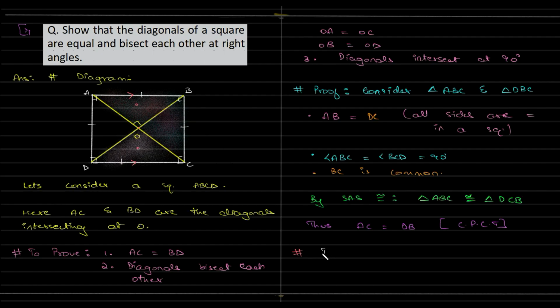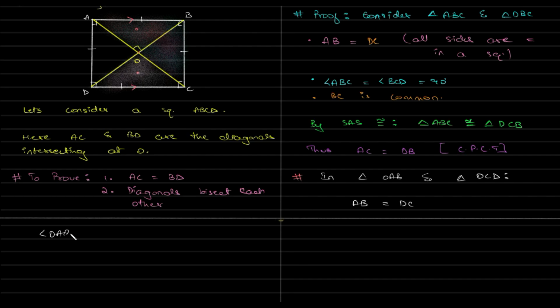So we have in triangle OAB and triangle OCD, OA is equal to OC. Sorry, that's what we need to prove. AB is equal to DC.